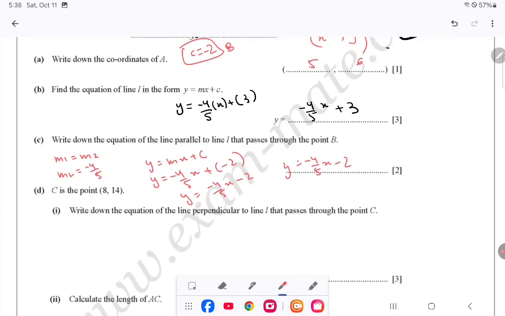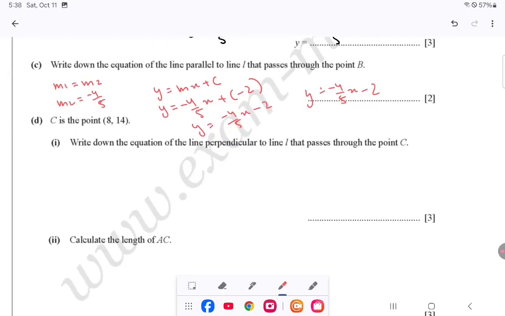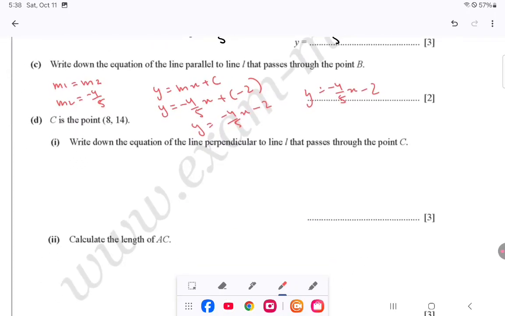Now in part D, C is the point (8, 14). Write down the equation of the line perpendicular to the line passing through the point C. For that, we have the given value of C, x comma y. We just have to put the x, y point on the line equation.